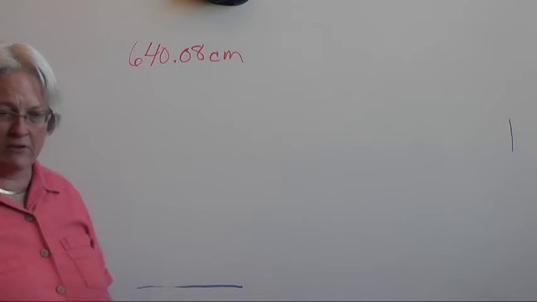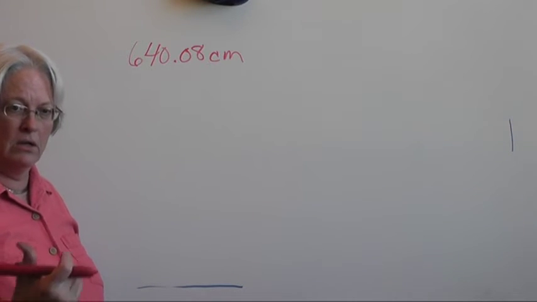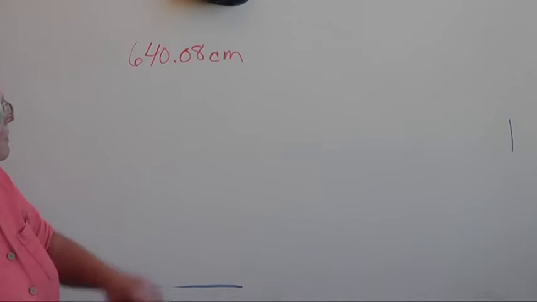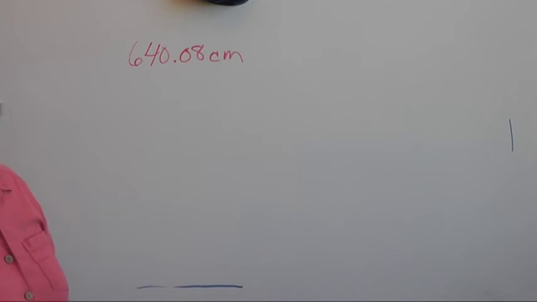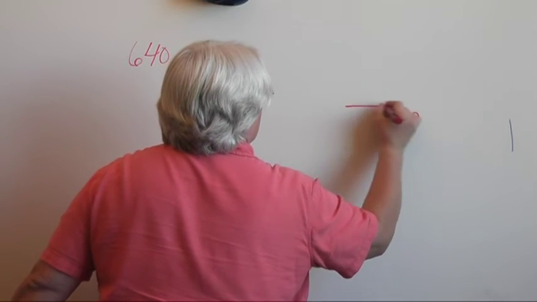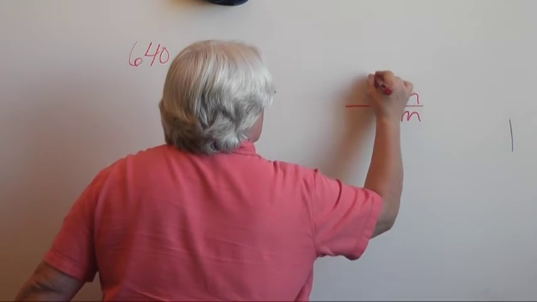So we need to find a relationship between what? Centimeters and meters. And where is centimeters going to be, in the numerator or the denominator? It's going to be in the denominator in our conversion factor.